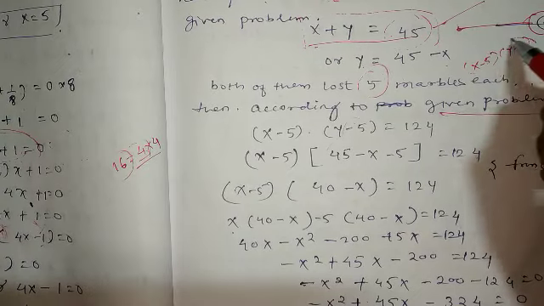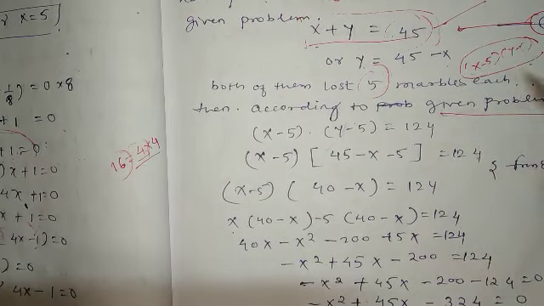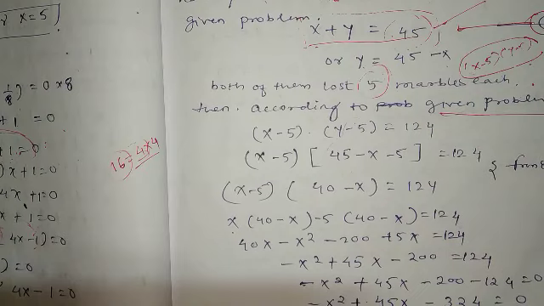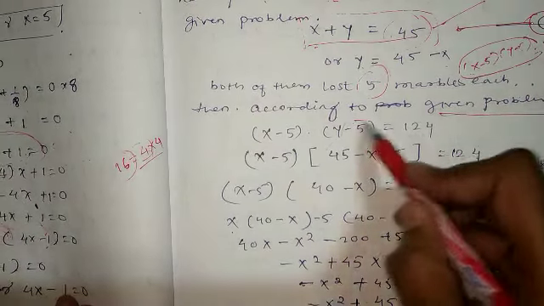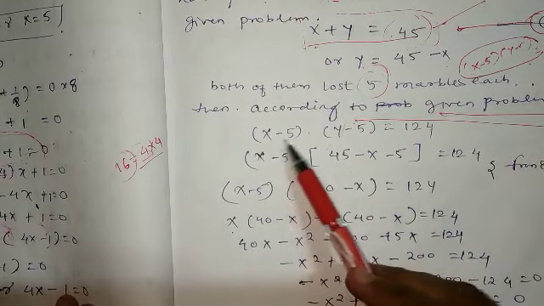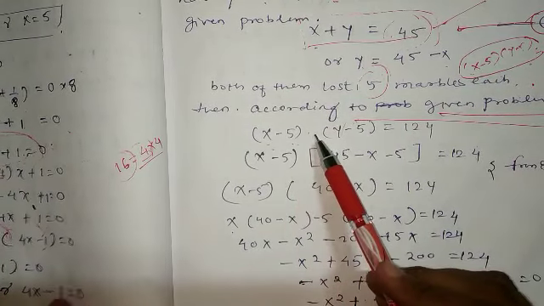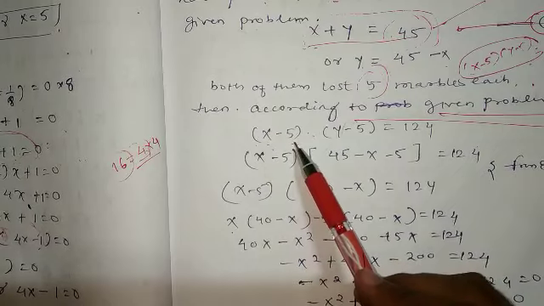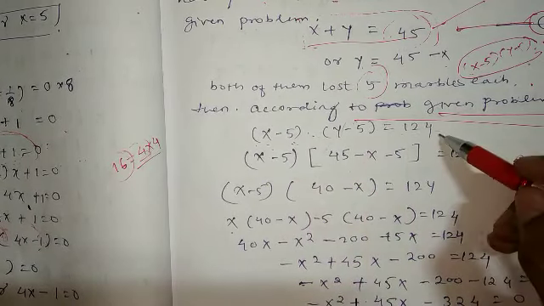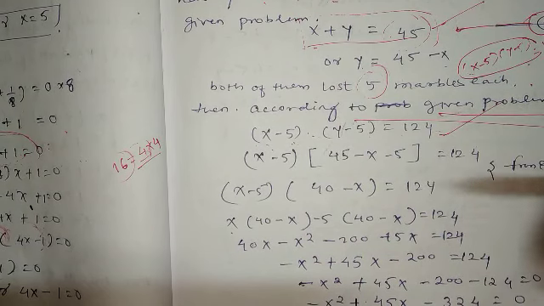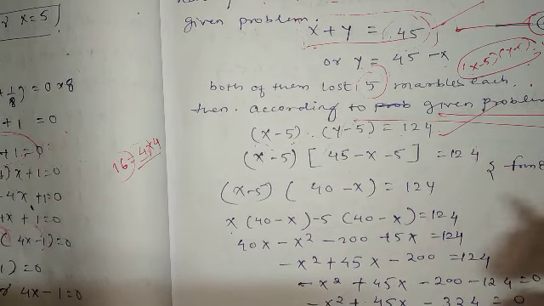And as per our question, the product of their marbles is now 124. So X minus 5 into Y minus 5 is equal to 124. This is the product as per the statement given in the problem.